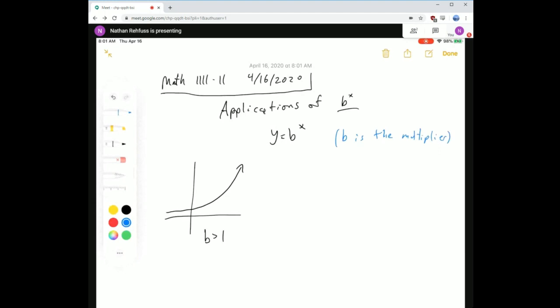Like if b is 1.1, then you're keeping the 1 you already have and adding another 0.1, so adding another 10% every year. So y equals 1.1 to the x would be appropriate for finding out how much is in a savings account if you have 10% interest, for example. So b is the multiplier. So if b is bigger than 1, that's exponential growth.